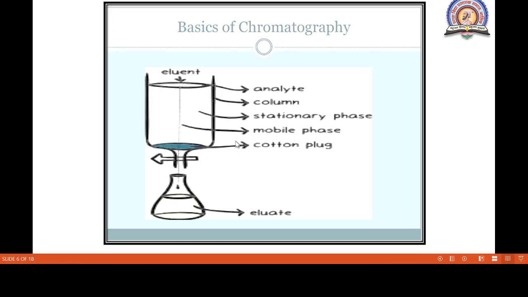Then the basics of chromatography. So here this is the column. This column is filled with the stationary phase. On that stationary phase we add a solvent that is called the mobile phase.